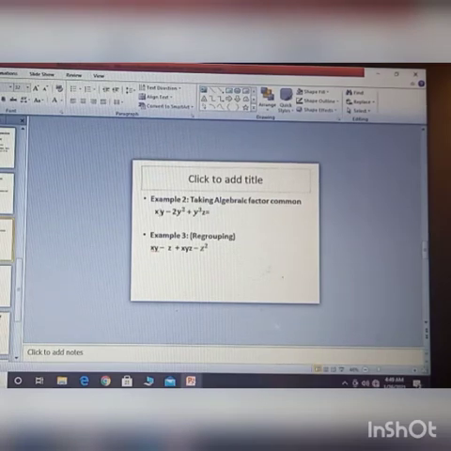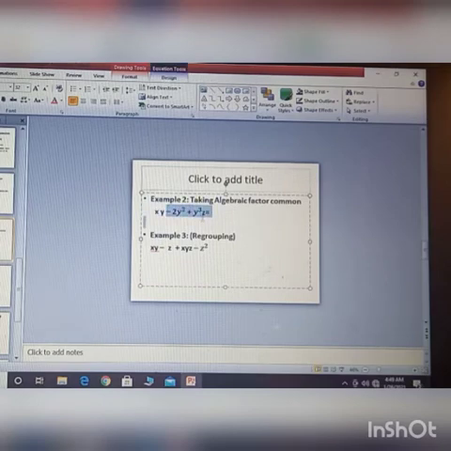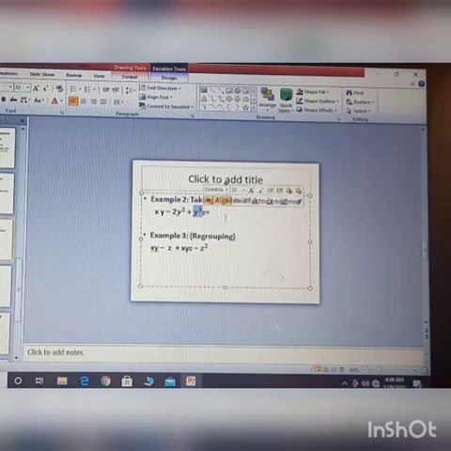So what is common in all 3 terms? y power 1 is present in this one, y power 1 is also present in y square, and y power 1 is present in y cube as well. We will not choose the highest power, but we will choose the highest power of y which is present in all 3 of them.